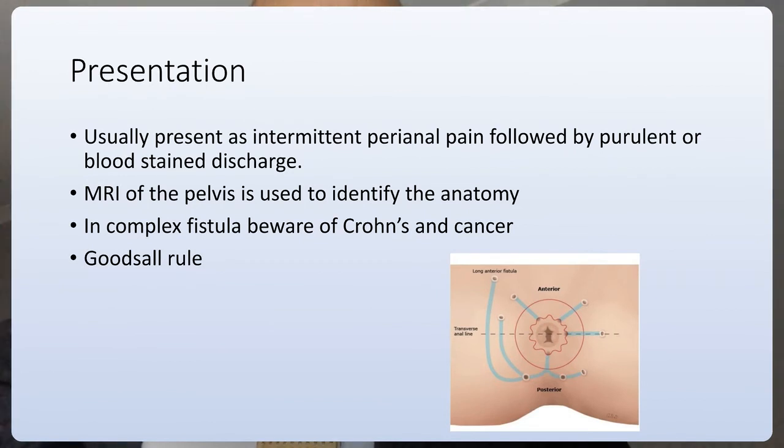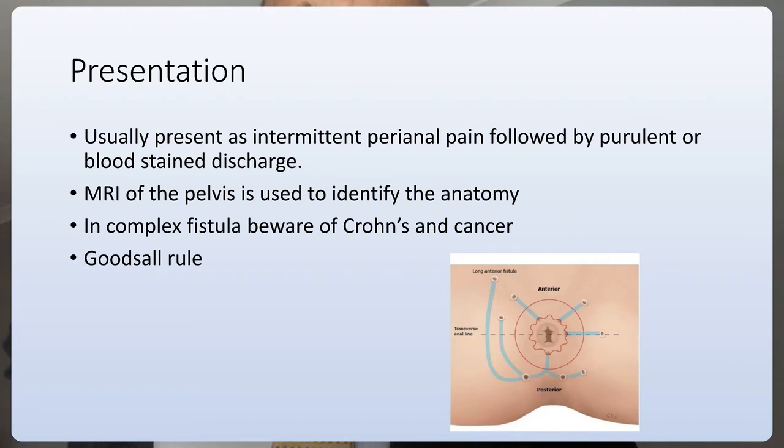That will divide the circle into an anterior part and a posterior part. Abscesses anterior to the line usually have a straight track, so when you pass a probe you can expect it to follow a straight track into the anal canal to the dentate line.